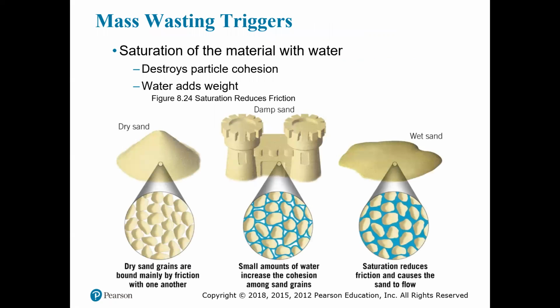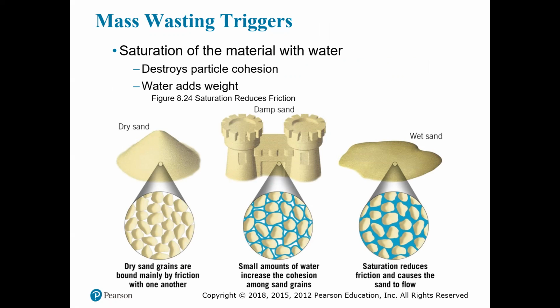Now, when we look at some triggers of mass wasting, whether a slope fails or not depends on the balance between gravity, which is trying to pull the slope downward, and the strength of the soil and rock there to resist that force of gravity. But there are several things that can interfere with this or trigger the downslope movement.